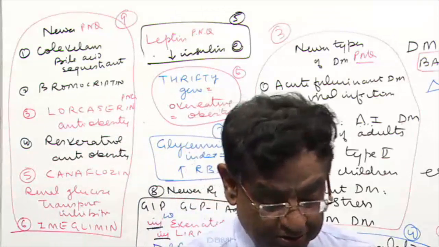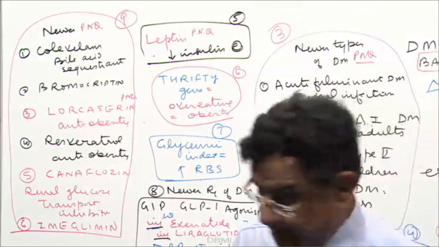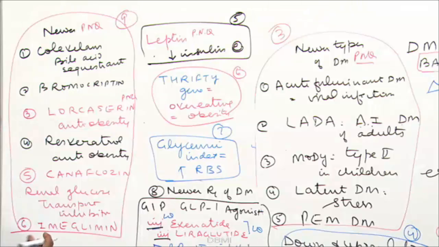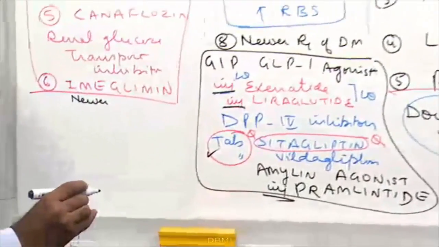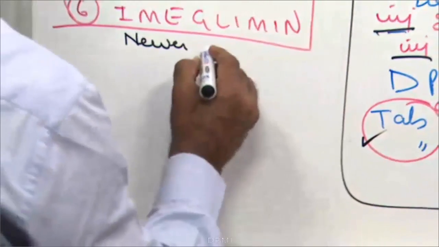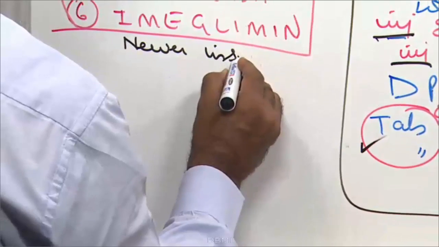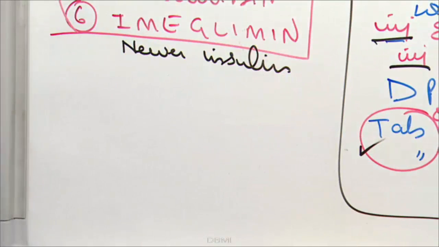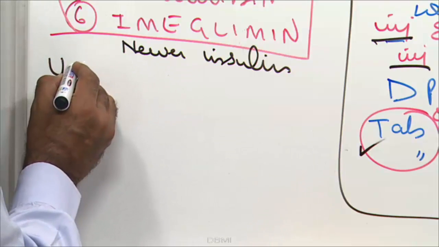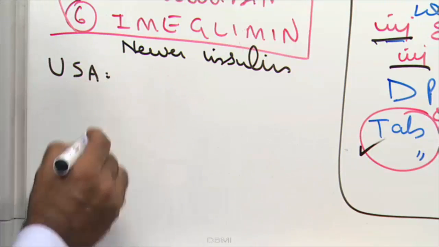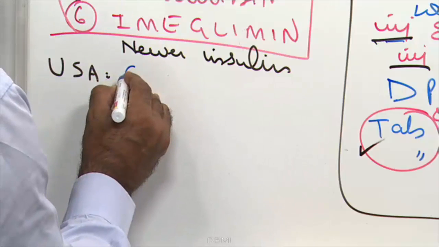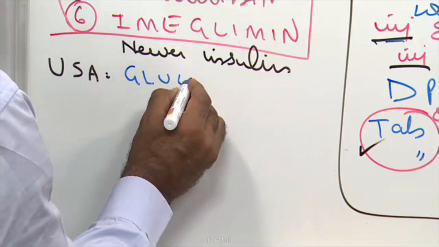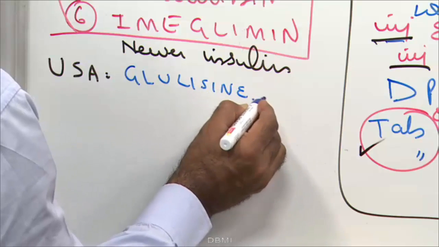In the newer insulins, we have ultra short acting insulins. These include glulisine and aspart.